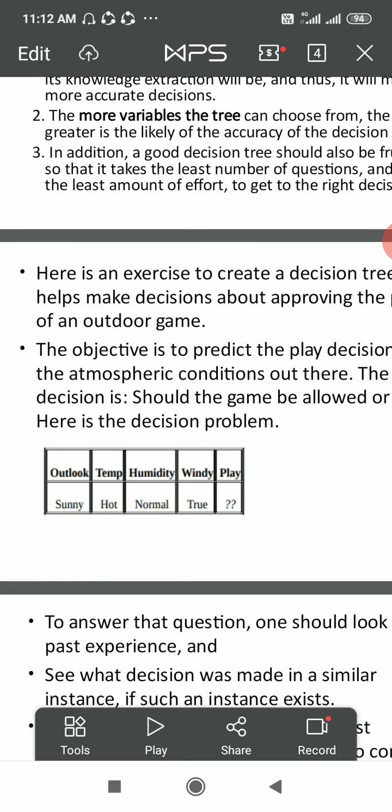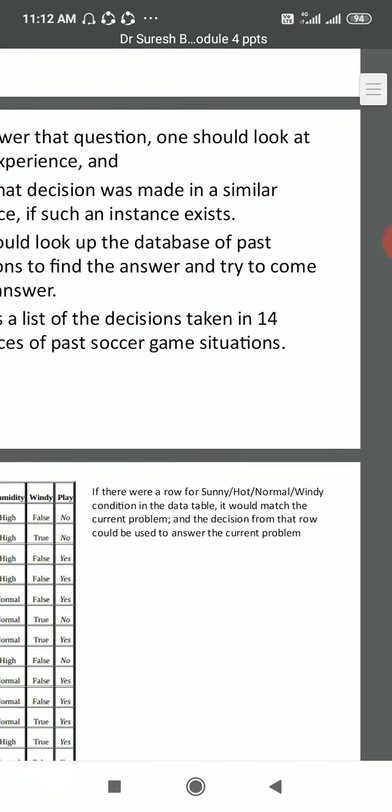And you need to make a play decision whether it is yes or no.